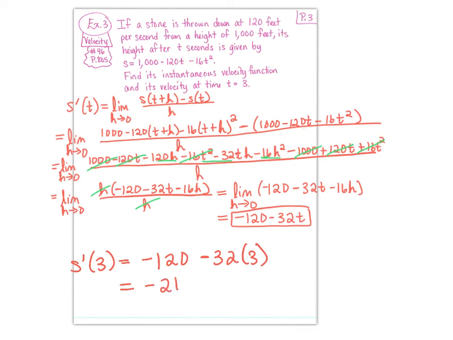Very good. Negative 216. And because we're talking about velocity, it is feet per second. This is the derivative. So now I suggest that you go through and work through the homework problems, do the applications of it, so you can become very familiar with it. Okay?